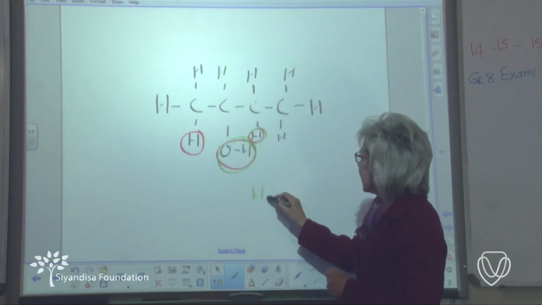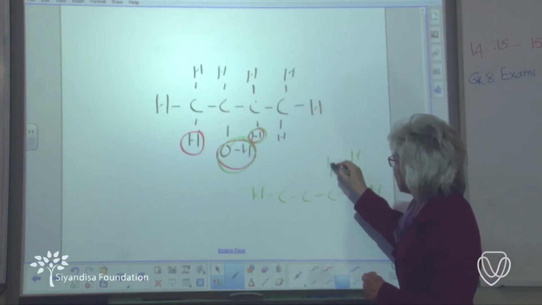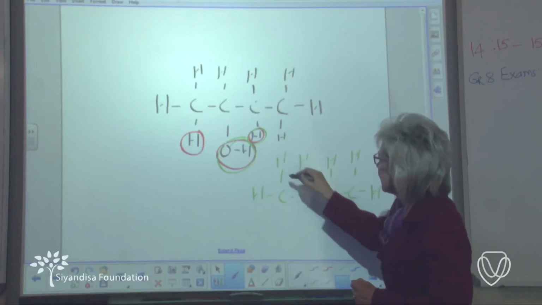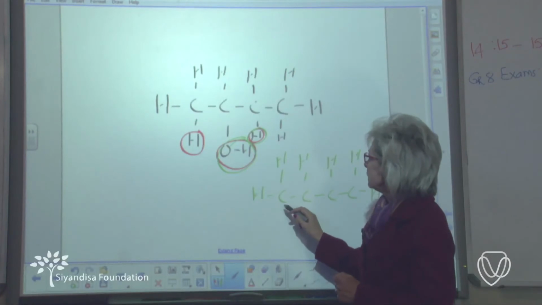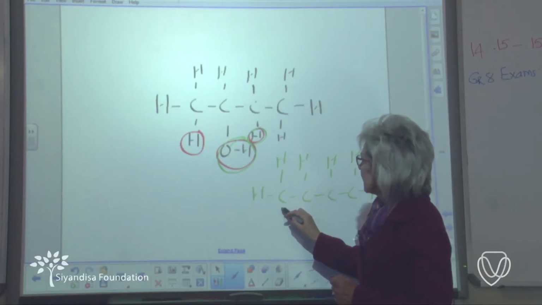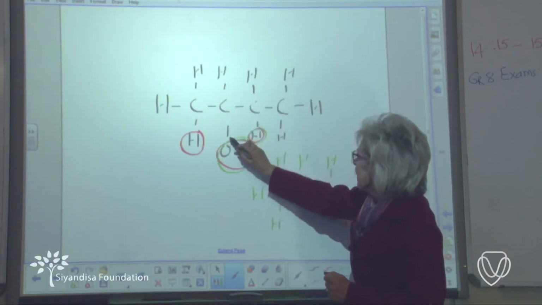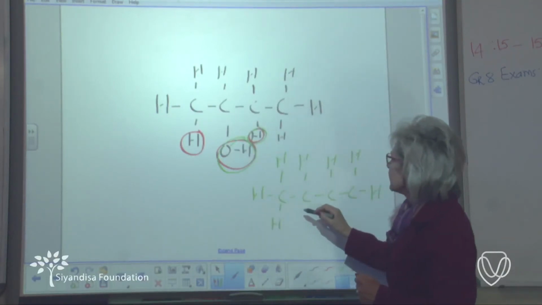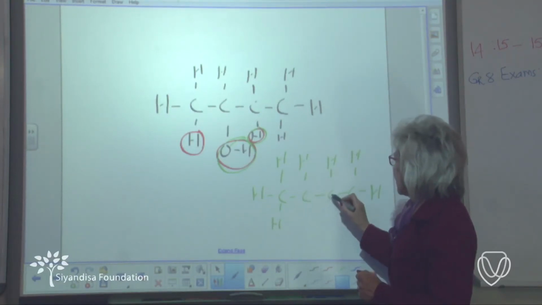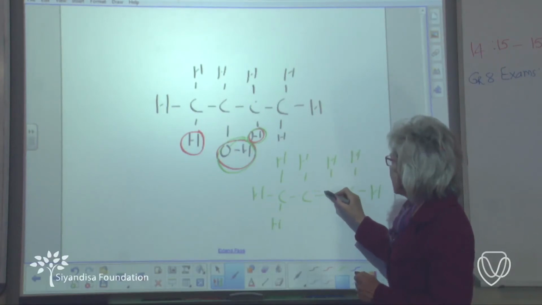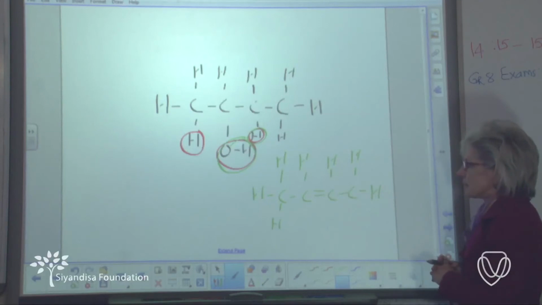So I'm going to end up with once more 4 carbon atoms, hydrogens all the way, and we've now removed this OH and that H, and that means that carbon 2 and carbon 3 will have lost an atom each, so therefore the double bond sits over there.